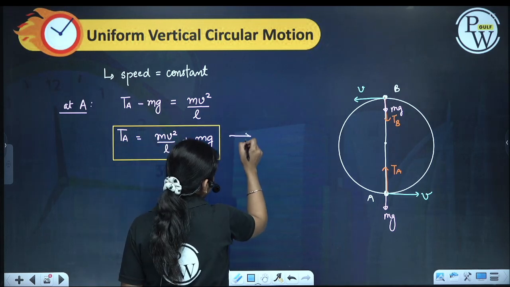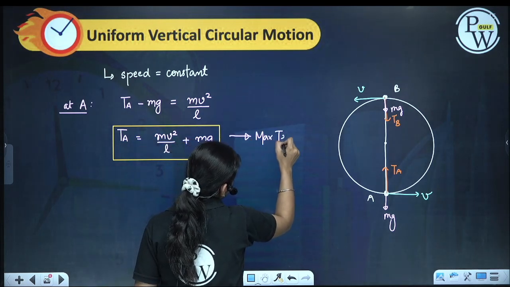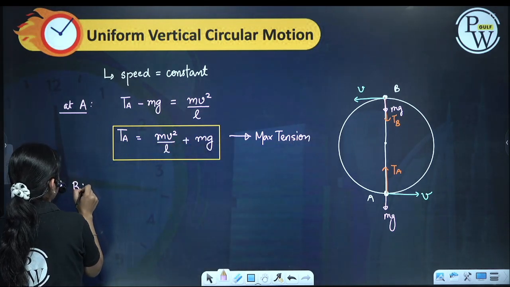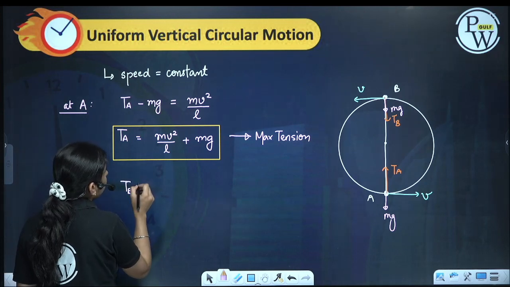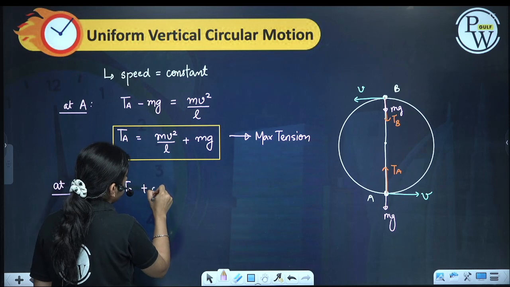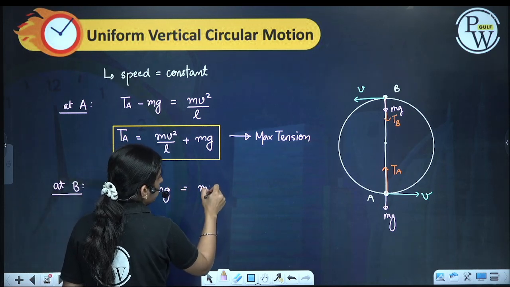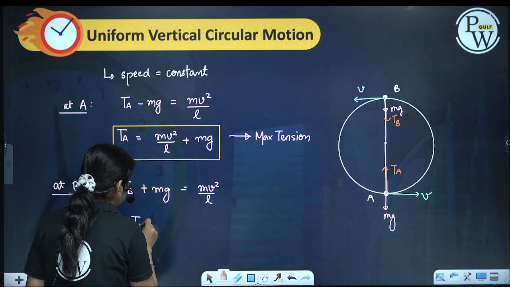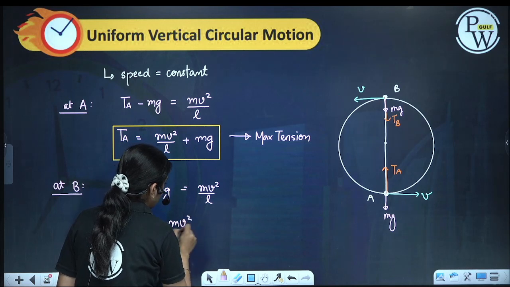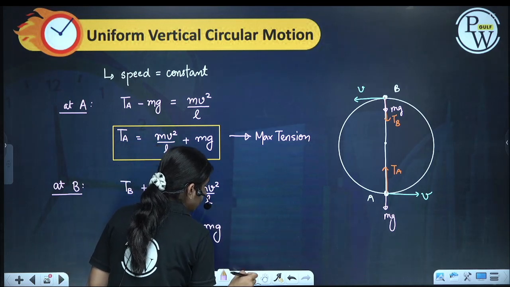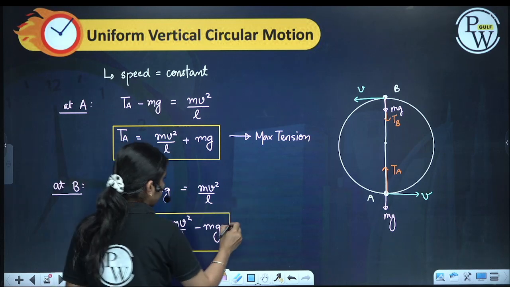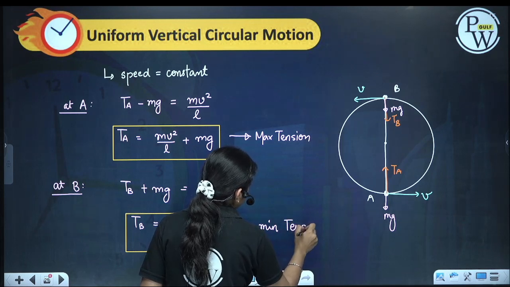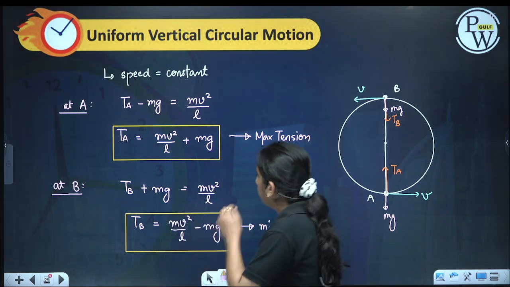Similarly, at B we have TB plus mg equal to mv square by L only, because we have the same speed. So TB will be equal to mv square by L minus mg. This will be the minimum tension.